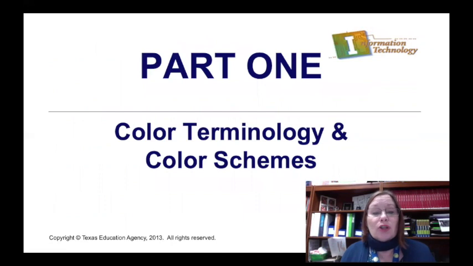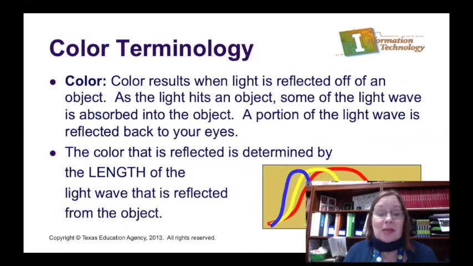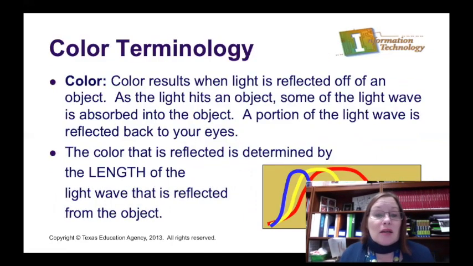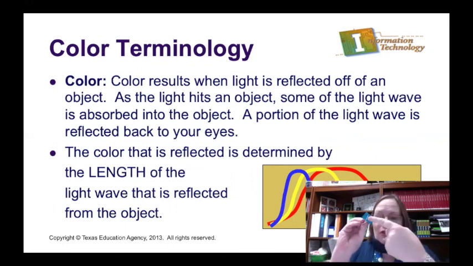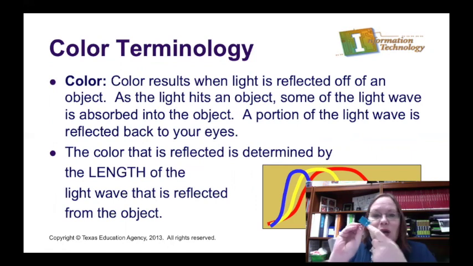Part one, color terminology and color schemes. All right. Color results when light is reflected off an object. So when the light reflects off of this pen and reflects back to my eye, that's when I see it as this color, right?